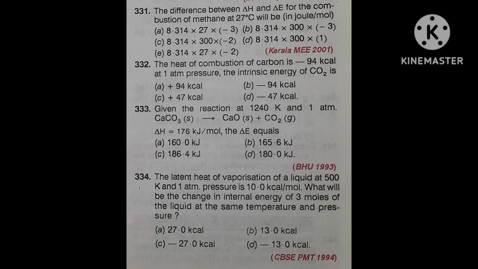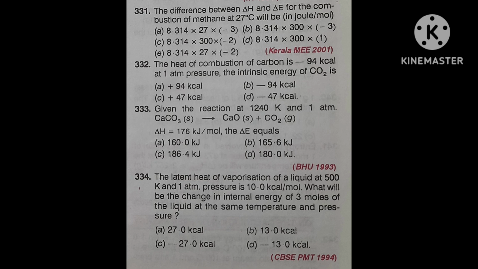Now same formula you can use what I have discussed. Qp minus Qv is equal to delta Ng RT, then delta N is equal to minus 2, R is equal to 8.314 joule, and temperature is 273 plus given temperature 27, then it becomes 300 in Kelvin.